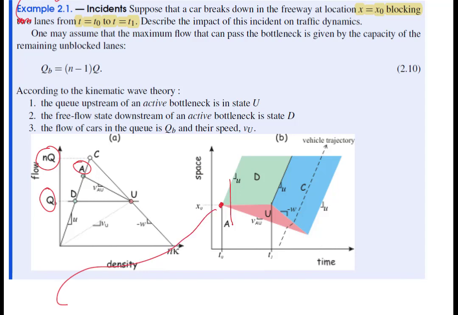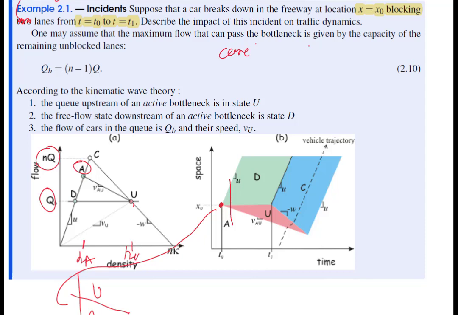Start with A and U. We see A and then we see U in this figure. We know that they have to be separated by a fan or something, so there's something in between. Then you ask the question, is this case 1 or case 2?